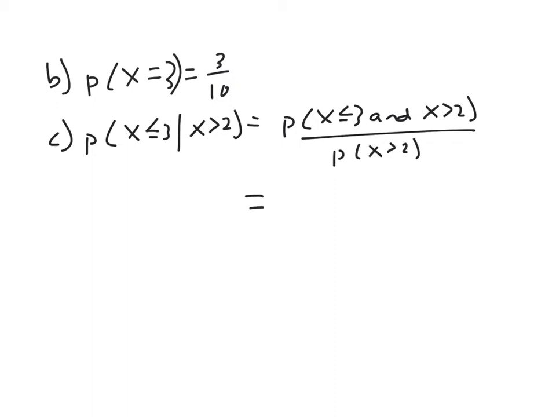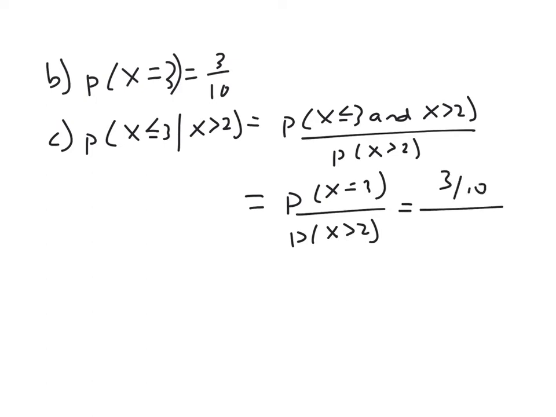So the probability that x is less than or equal to 3 and it's greater than 2, that's simply the probability that x equals 3. So the probability that x equals 3 is 3 over 10.